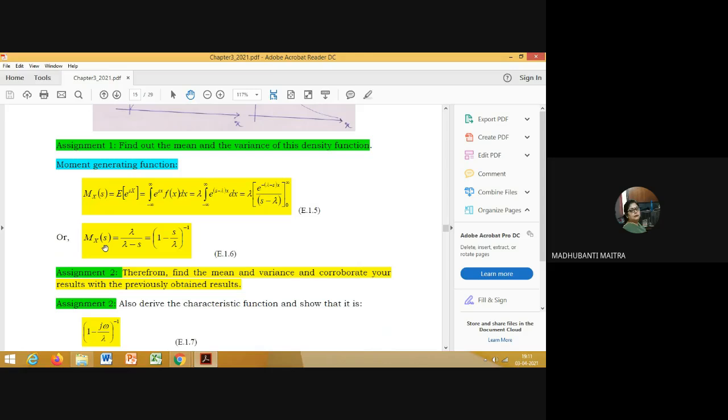Have you evaluated the first derivative at s equal to 0? Ma'am, 1 by lambda.